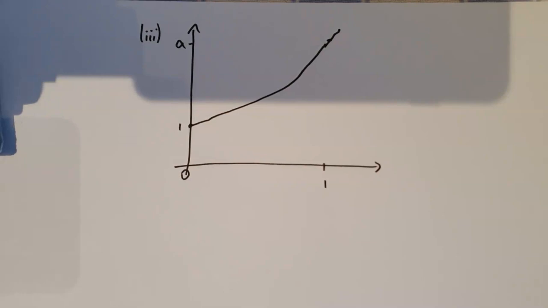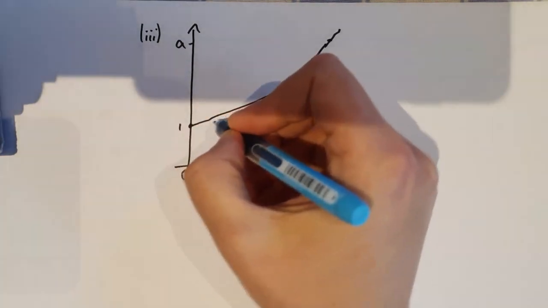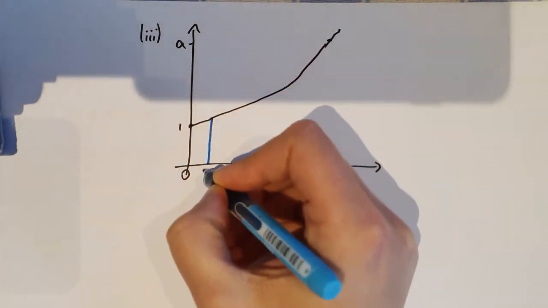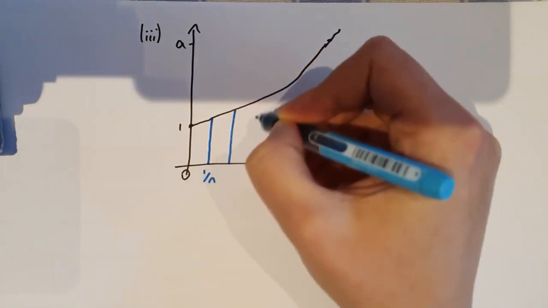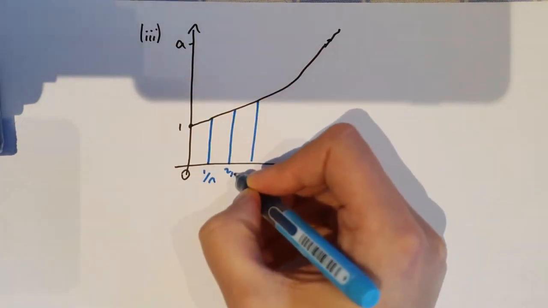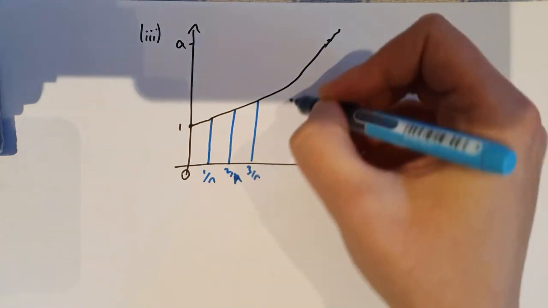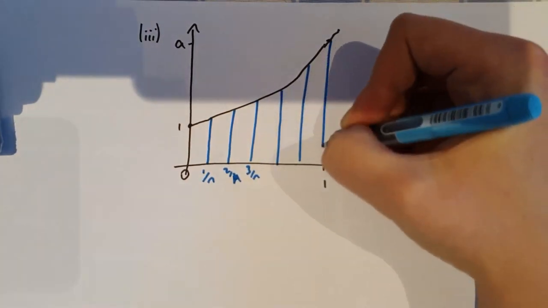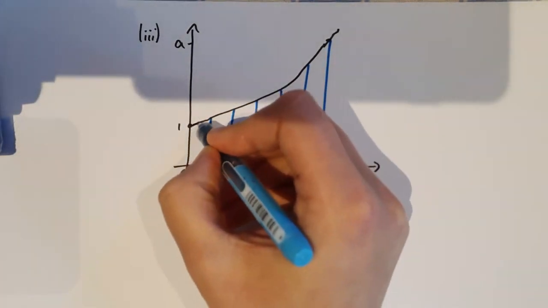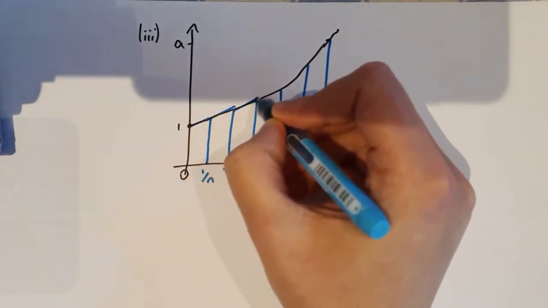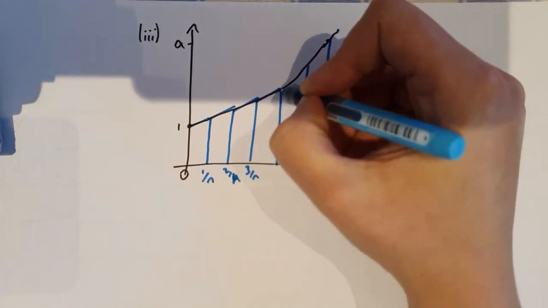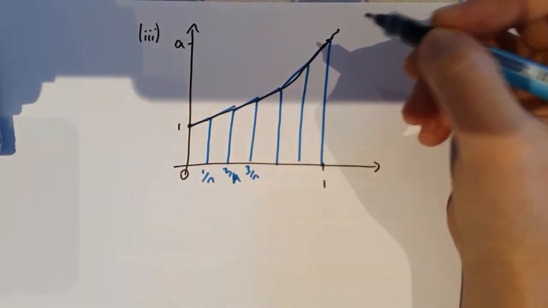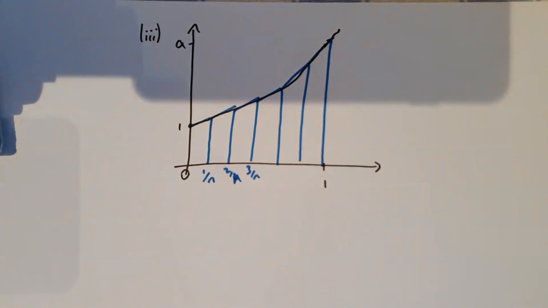Let me find a different coloured pen. The trapezium rule says, well, we're not quite sure how to do this, so let's chop this up into regions of width 1 over n. So this is 2 over n, and 3 over n, and so on. And then instead of trying to do the area under the curve, we do the area under these trapezia. I haven't drawn this terribly brilliantly, but hopefully that's what the trapezium rule is about.